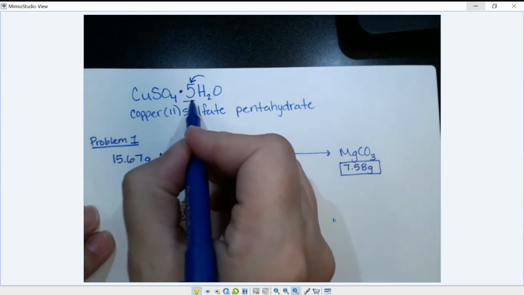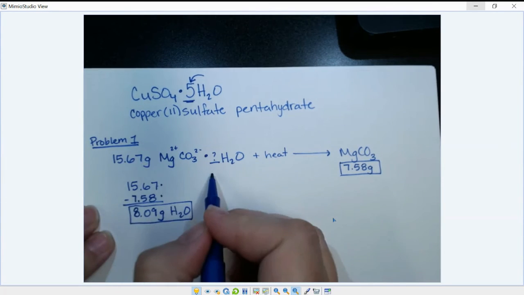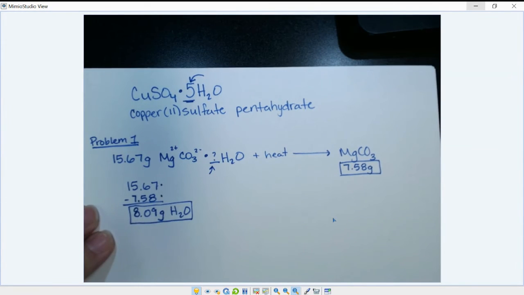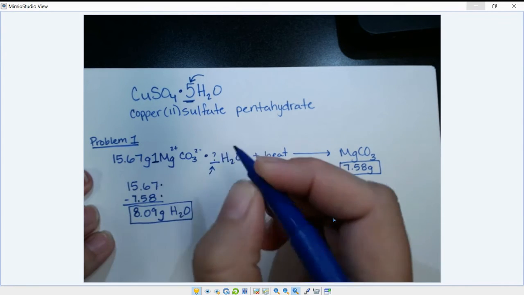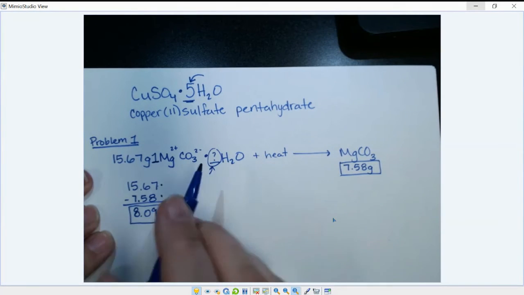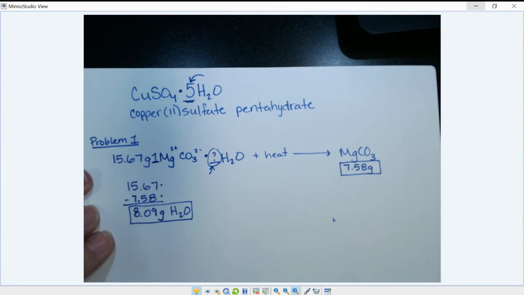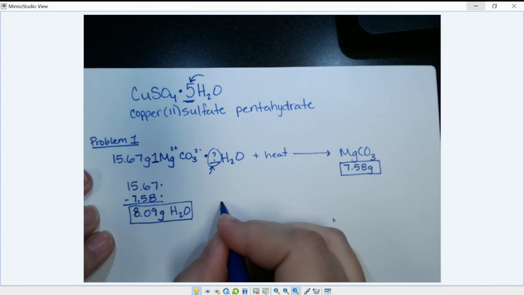Those are the two important pieces of information, because this number that we're trying to find is simply a mole ratio. If this is a 1, what is the ratio of H2O for every one of those? So we're going to convert everything into moles. The first thing I'm going to convert is the magnesium carbonate.